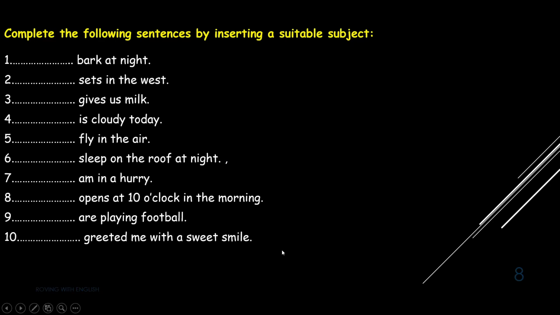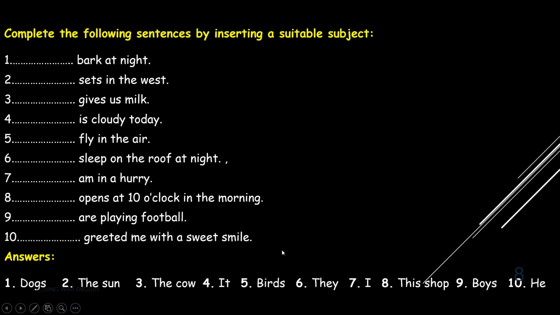Let's look at the answers now. First, dogs bark at night. The sun sets in the west. The cow gives us milk. It is cloudy today. Birds fly in the air. They sleep on the roof at night. I am in a hurry.